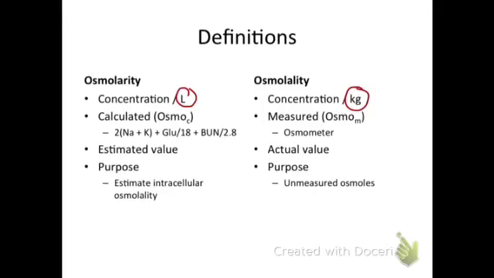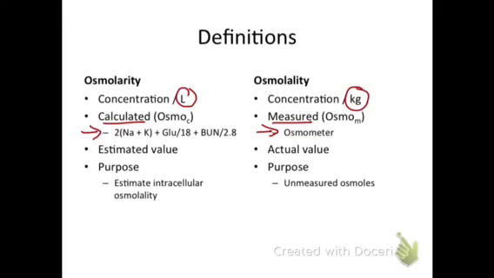Osmolarity is a calculated value using sodium, potassium, glucose, and BUN, and osmolality is a measured value using an osmometer. All of the osmoles in blood are not included in the equation for osmolarity.